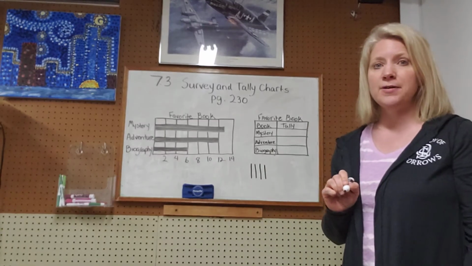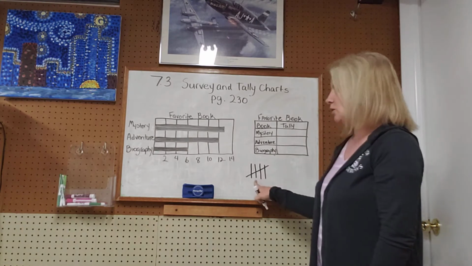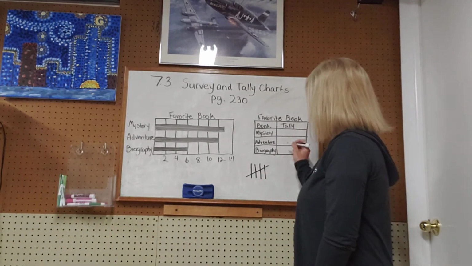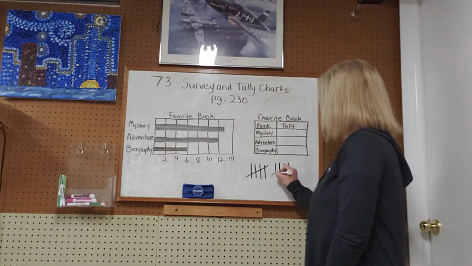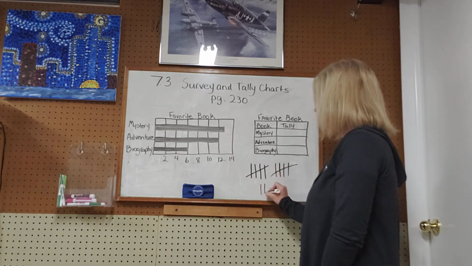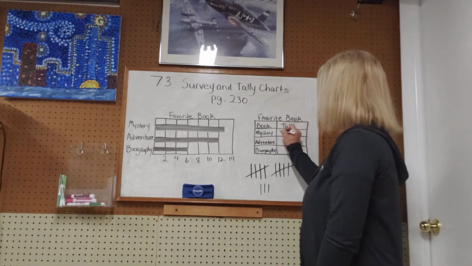When you get to the 5th tally mark, remember it's diagonal. So each one of those stands for 5. So 5, 6, 7, 8, 9, 10. And we want to go to 13. 10, 11, 12, 13 would be your tally mark. So I'm going to write that in the chart for mystery.